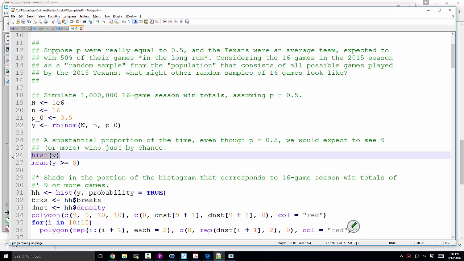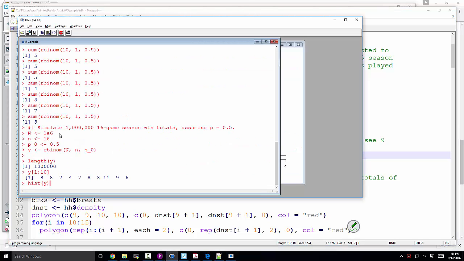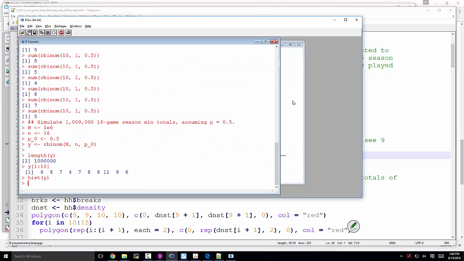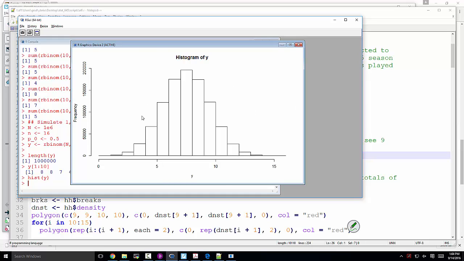Here's a histogram. And this is a histogram showing the sampling distribution of the number of wins out of 16 games. Because we repeatedly sampled 16 games, and each time computed a statistic, which was the number of wins out of the 16 games.